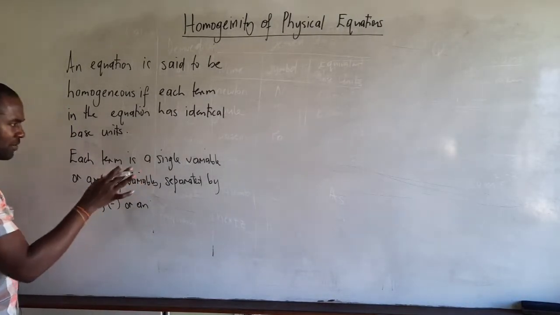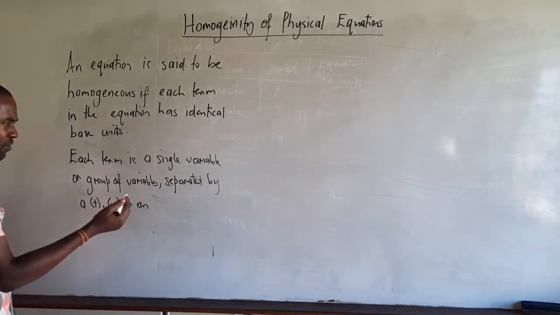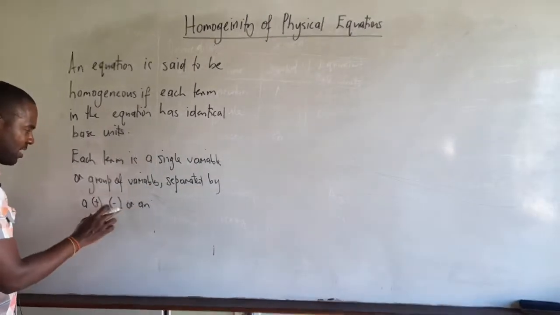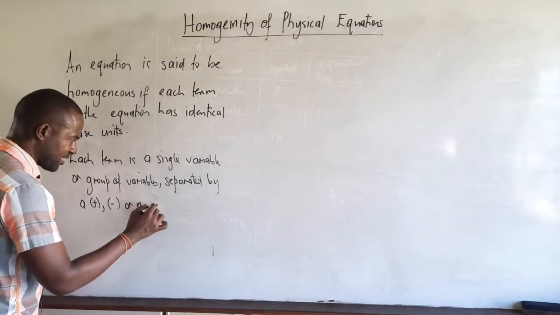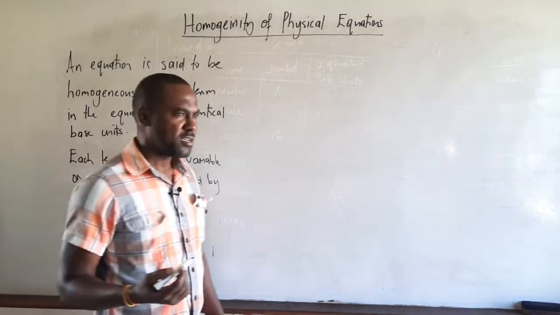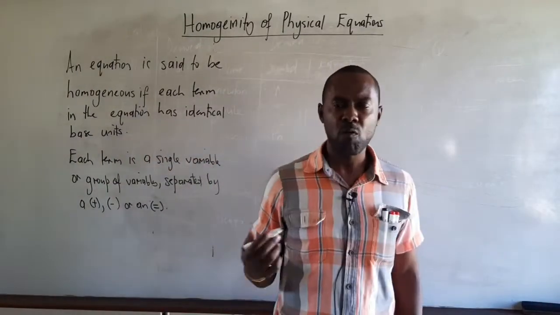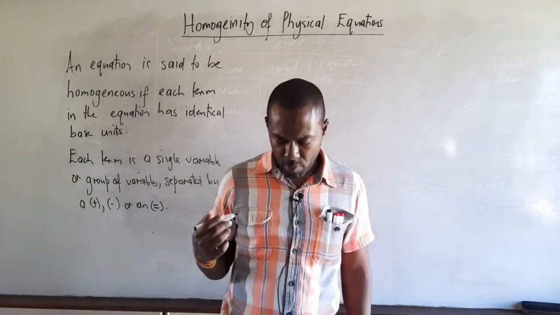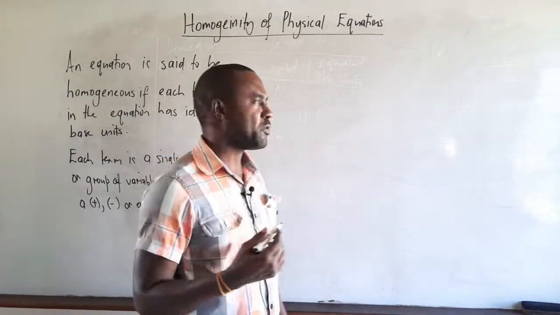So each term is a single variable or a group of variables separated by a plus sign, a minus sign, or an equal sign. Now, let's look at a few equations and we will determine exactly how many terms are in those equations.